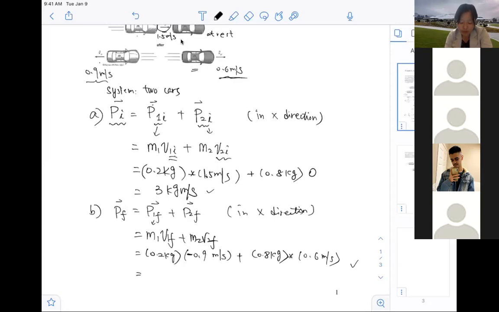So you can see this is negative 0.18 plus 0.48, and it adds up to be 0.3. Okay, did I make a mistake there?